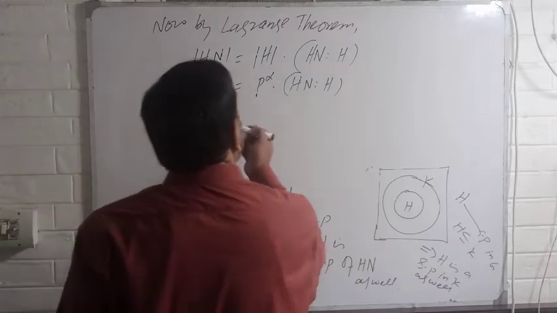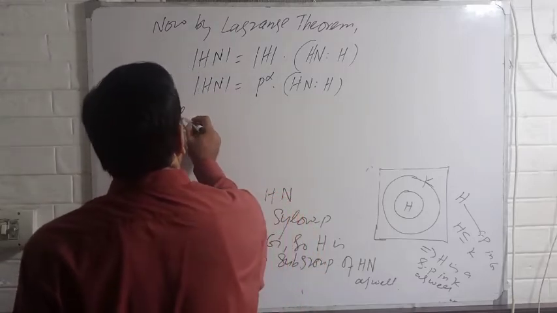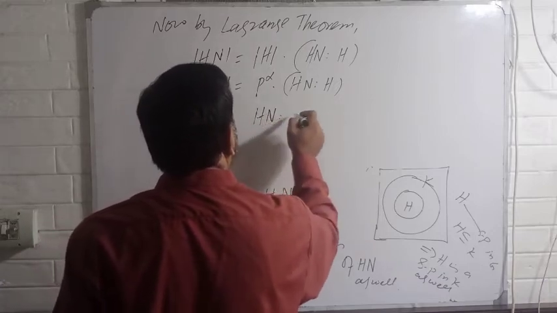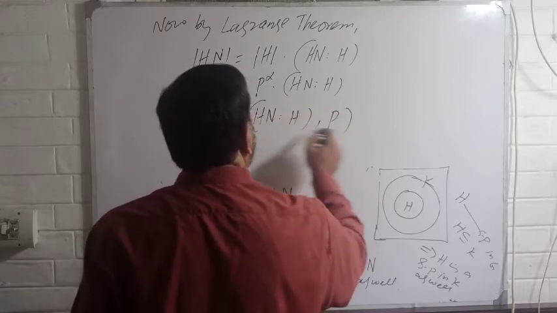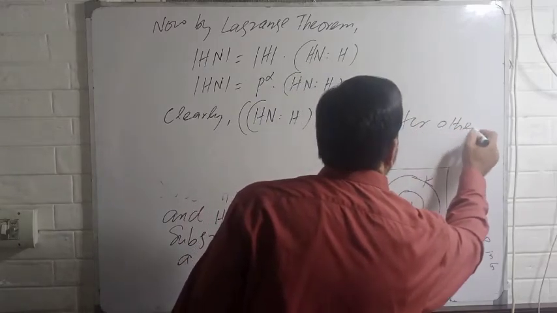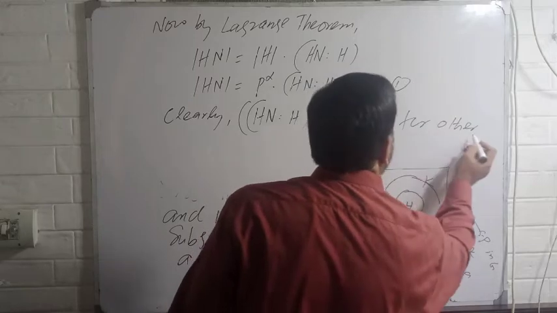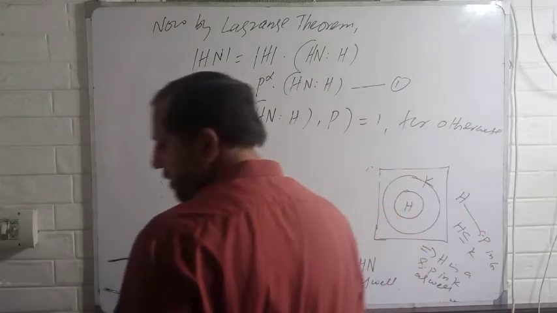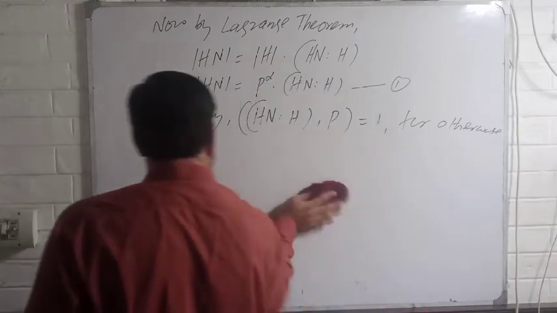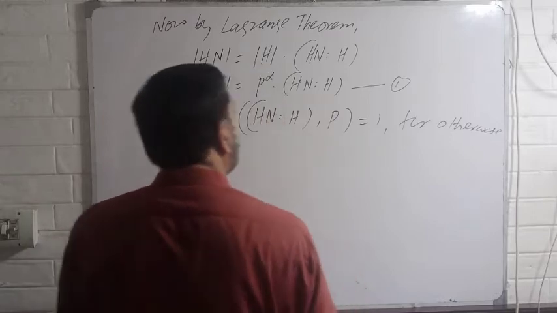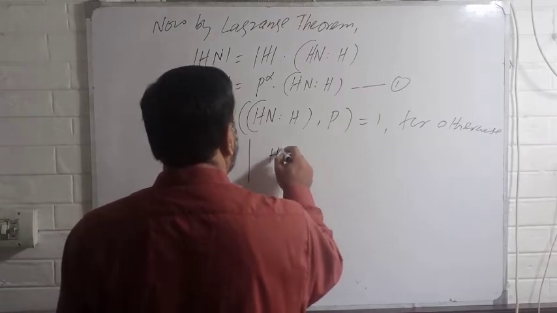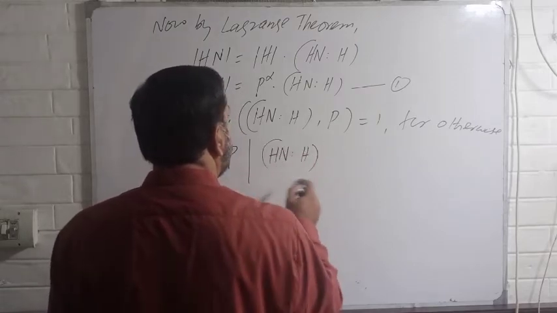So clearly the index of H in HN is prime to p, for otherwise p divides the index of H in HN.